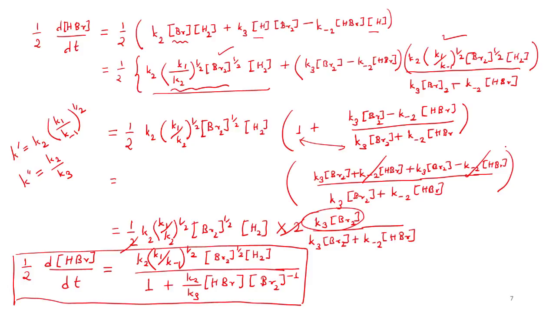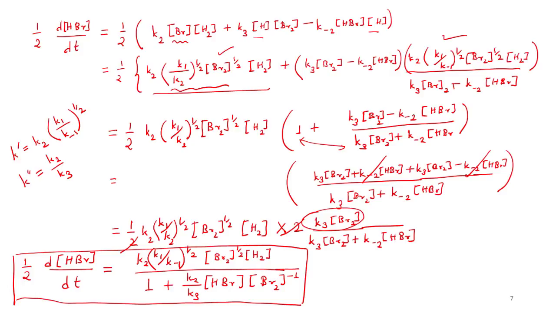One more thing we can see here: all the rate constants k2, k minus 2, k1, k minus 1, and k3 appear in the rate equation. The only thing is that k minus 3, which is the reverse of the endothermic reaction, doesn't appear. It is obvious because we ignored it.